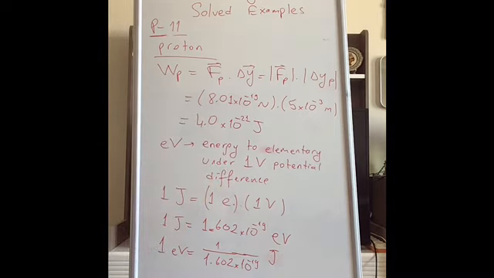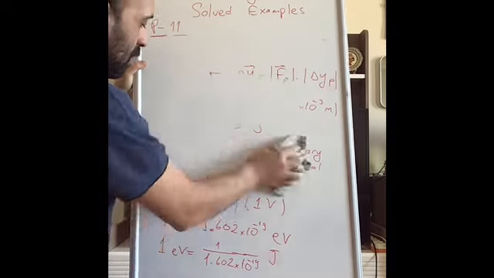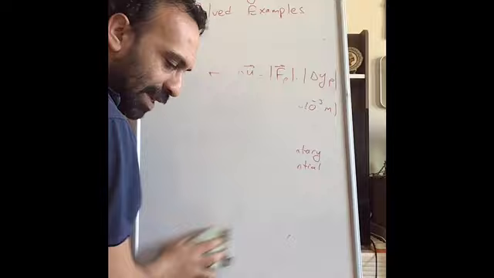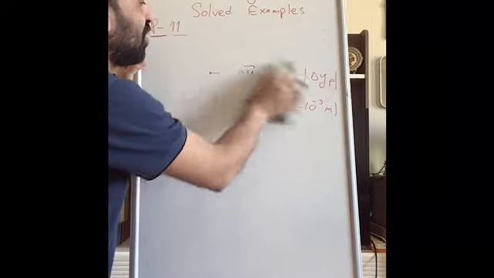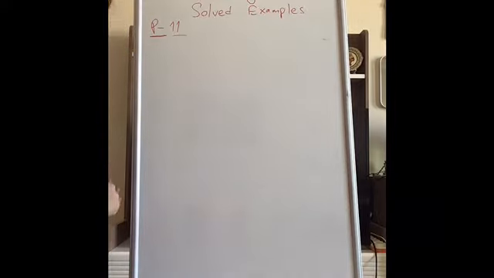All right, let's move on to part F. Part F is asking to calculate the kinetic energies of the electron and proton after they move 5 millimeters.